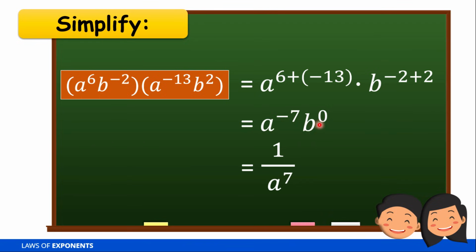Since 1 nga yung B raised to 0, kukunin natin yung reciprocal ng A, tapos magiging positive ang ating exponent na 7, maiiwan is yung 1 sa ating numerator over A to the 7th power. Naging positive na yung negative 7 na exponent kanina, at napunta na siya ngayon sa denominator.